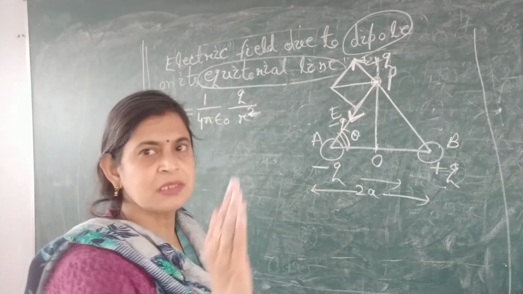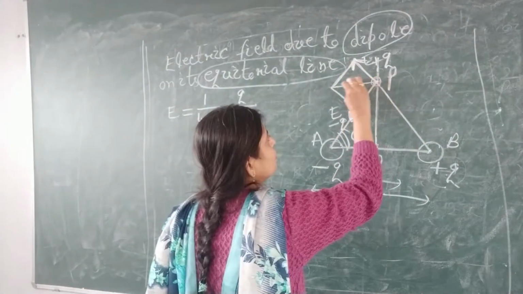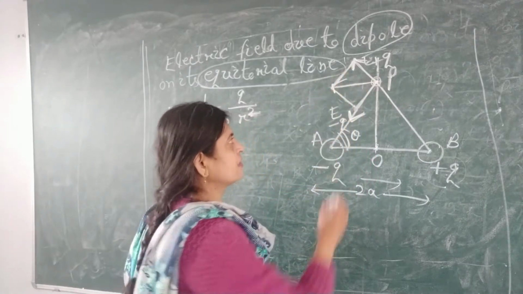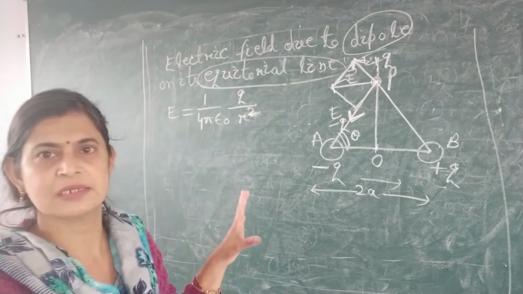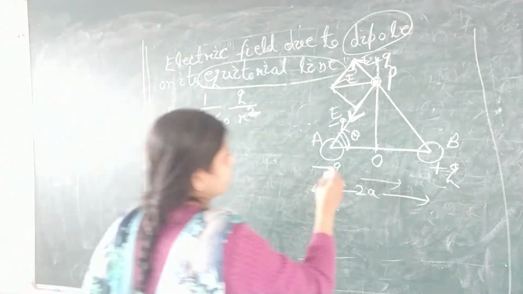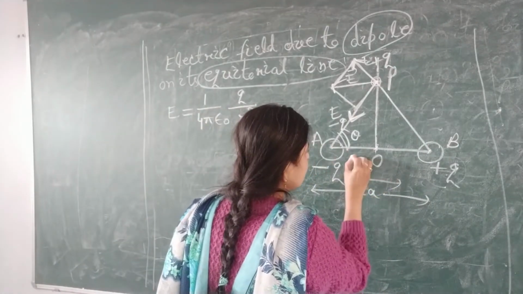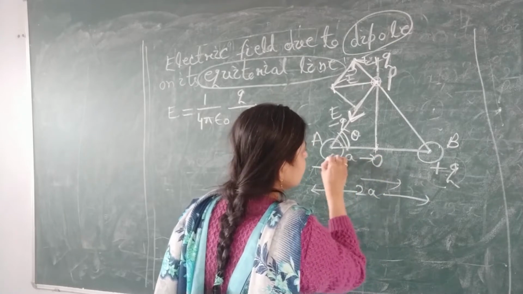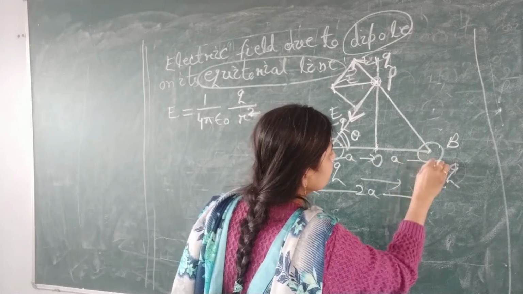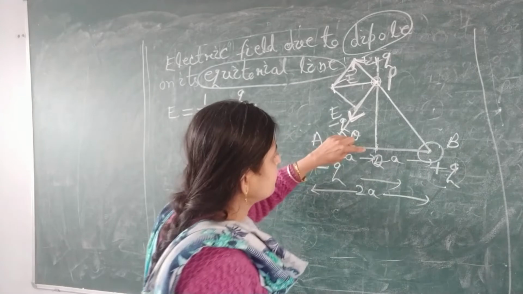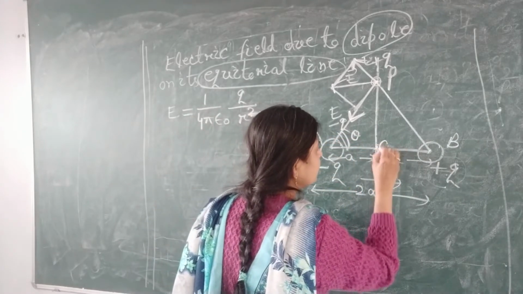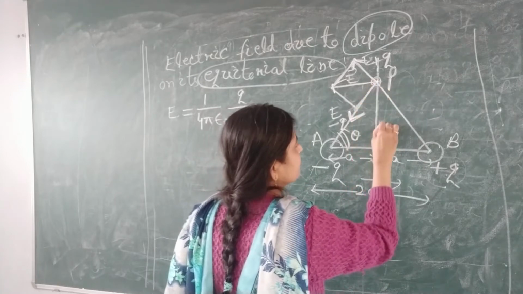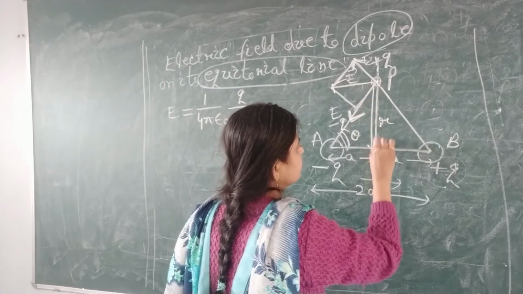Obviously the resultant electric field will be along this direction, which is E net or E total. Now OA is equal to a and OB is also equal to a. Suppose the distance from the center of the dipole to the point of observation is r.